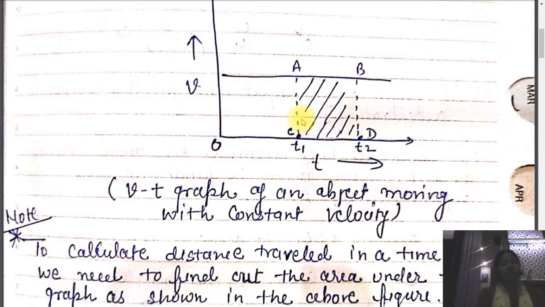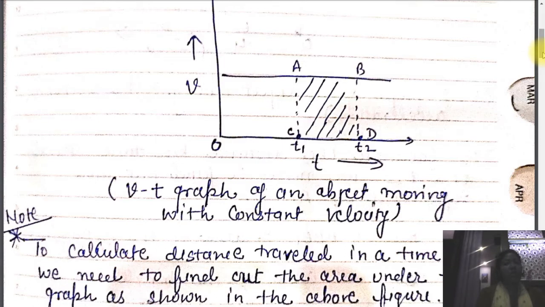That means if we calculate the area of the rectangle for this particular portion of the graph, that value of the area will give us the value of the distance traveled by the object in this particular interval of time.